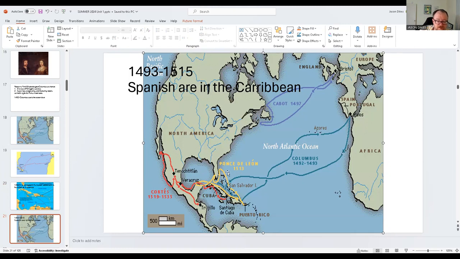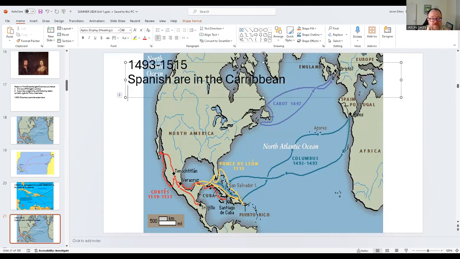You have Ponce de Leon going up to Florida for spring break. You have some others who are sort of going along this region, others around here, some others in the Yucatan Peninsula. All of the natives that they're finding are telling them about the gold that is somewhere else.